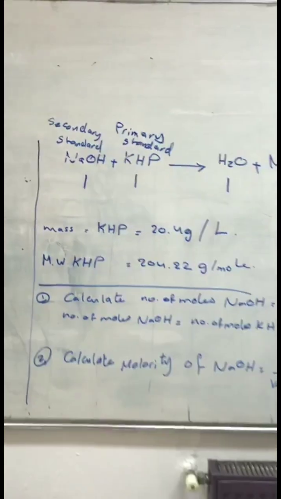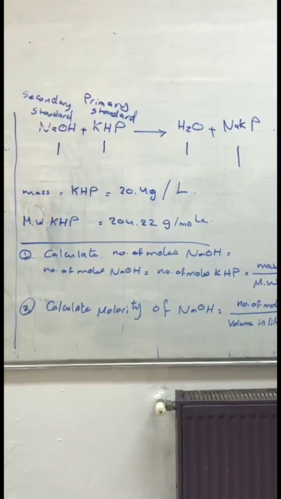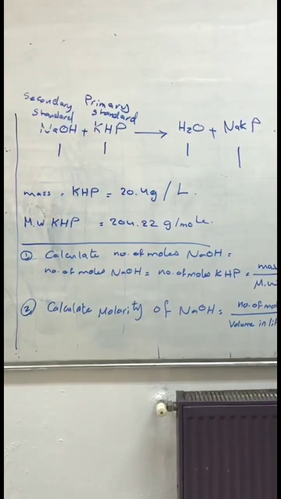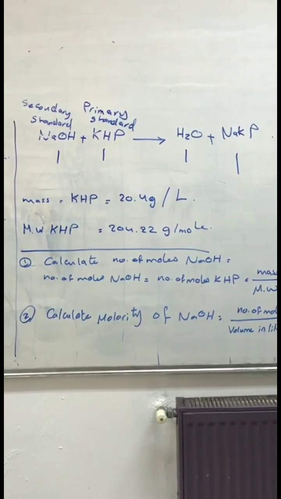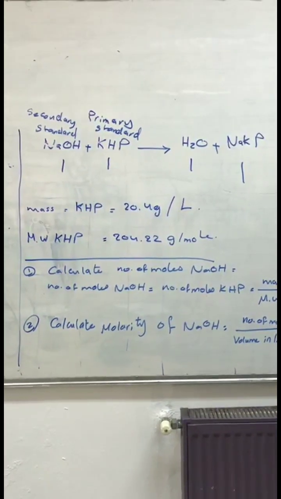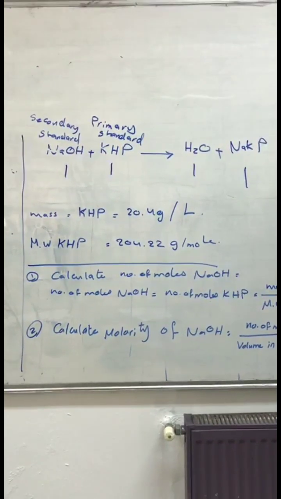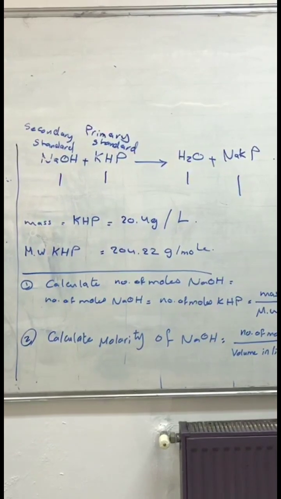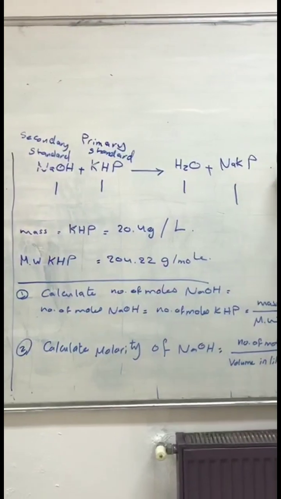We considered the KHP as a primary standard because the mass of the KHP was known to us. So we use the information of KHP to calculate the number of moles and the molarity of our unknown, which is NaOH. So we call NaOH a secondary standard because it was unknown and becomes known in this standardization process.